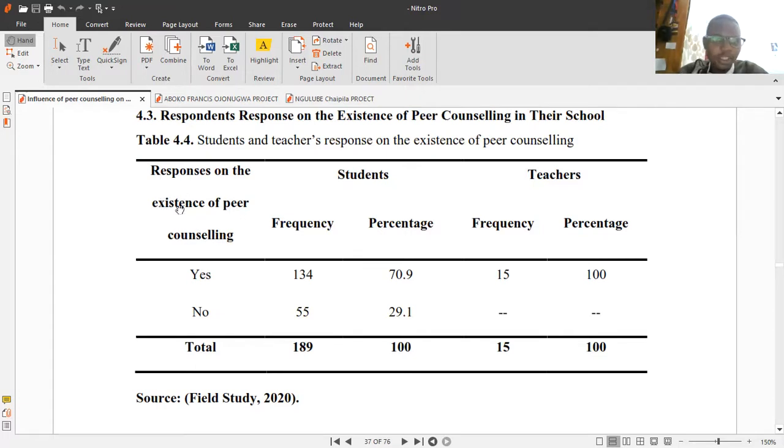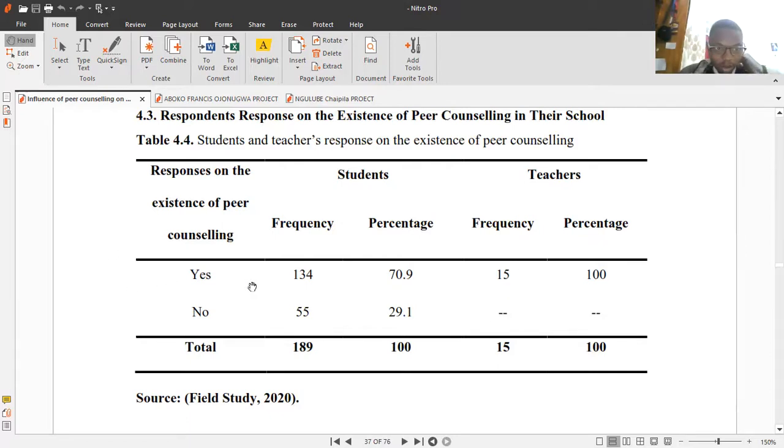For example, this question was necessary to ask: do you have counseling in your school? It does not change. So students answered this, and then teachers answered this.